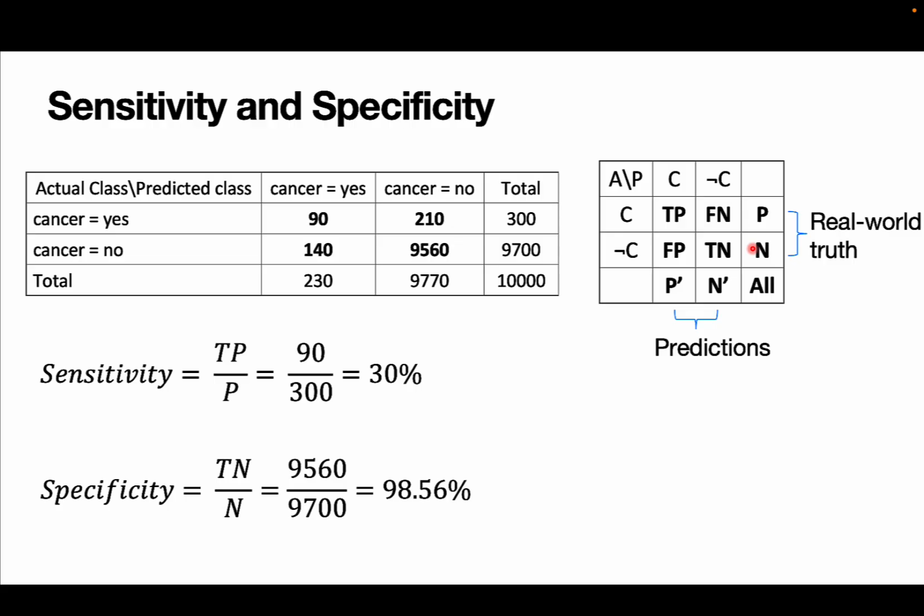Now we can see that this classifier is not sensitive. We only detected 30% of the total positive cases, but it has a good specificity, 98.56%. Whenever it's negative, it was able to detect it, but it's not sensitive.